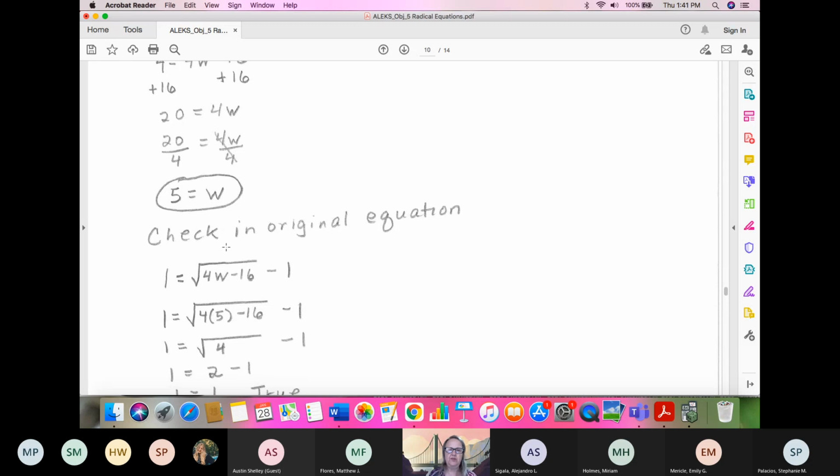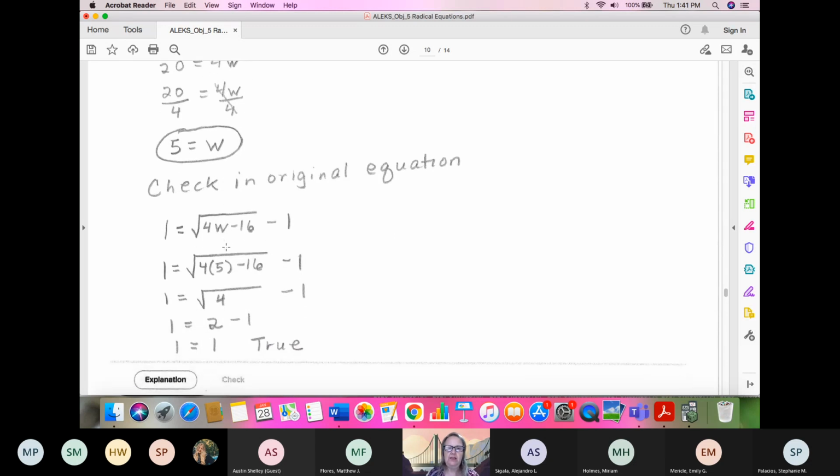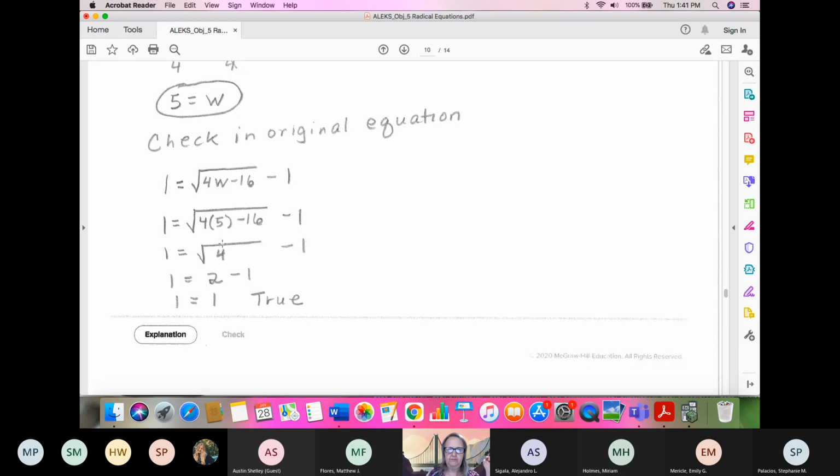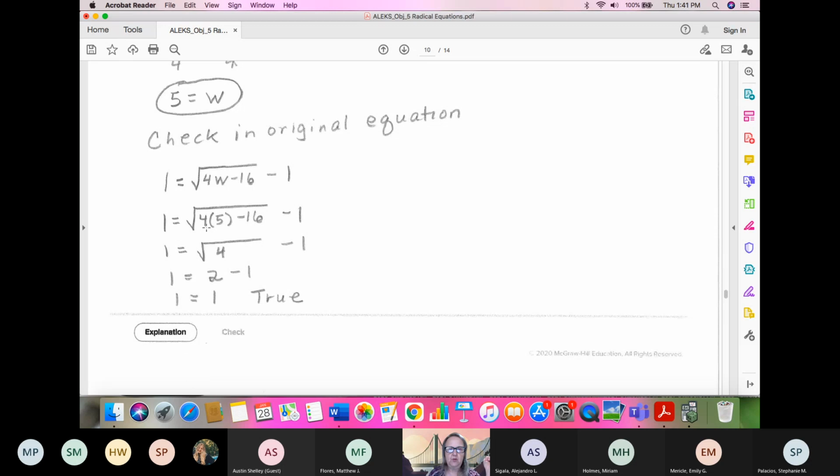So 5 equals w. We want to check in the original equation, the one that was given at the very beginning. Here's the original equation right here. We want to check it with w equal 5. So we take out w, put in 5, everything else is the same. Inside the square root, we have 4 times 5, which is 20, minus 16, which is 4.